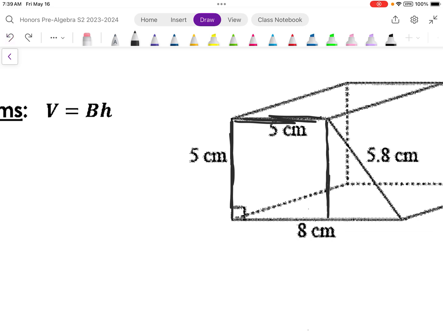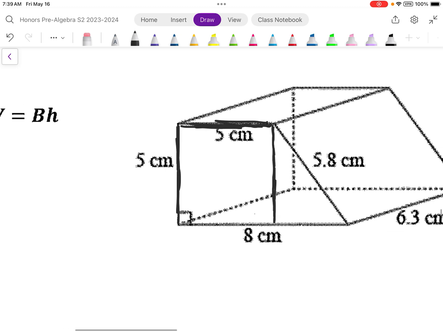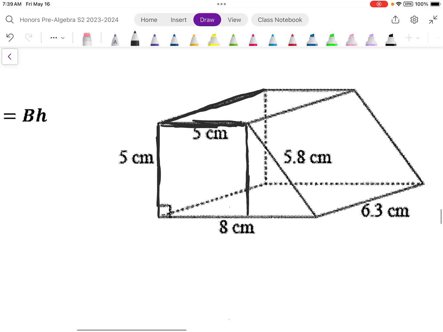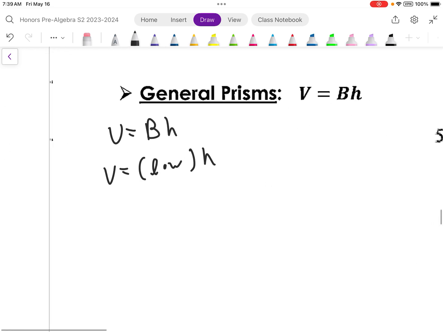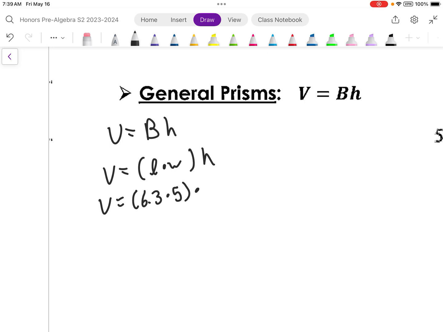Excuse me, 8 represents the entire bottom, but we don't care about the entire bottom. So 5 by 5, and then the length, or the width, however you want to look at it, is 6.3. I can tell because that is down here, and this has to be the same length for all three of them. So this is going to be 6.3 times 5 times the height of 5 as well.